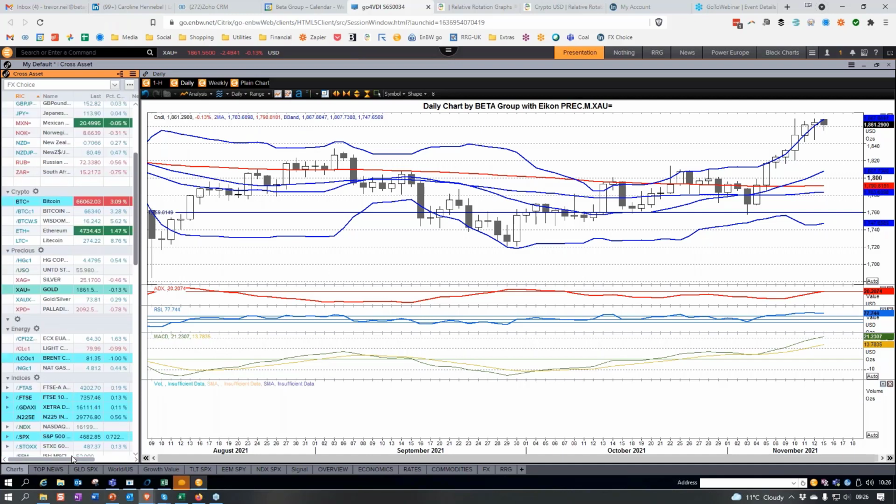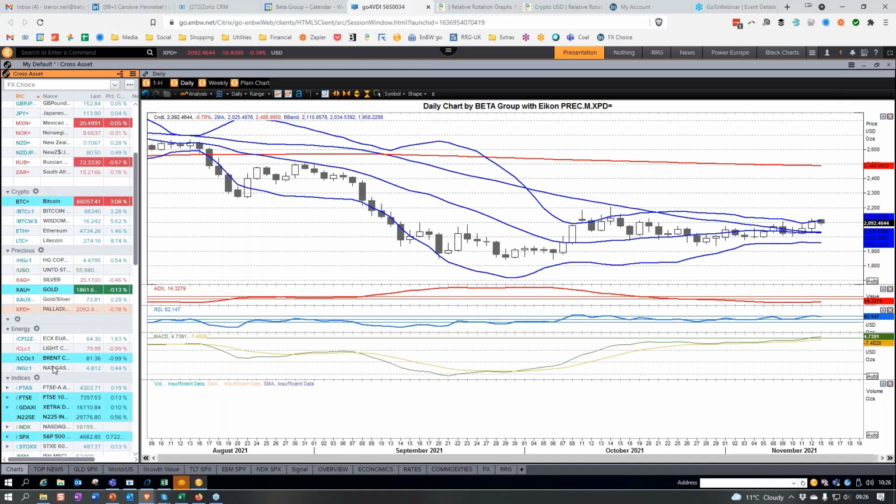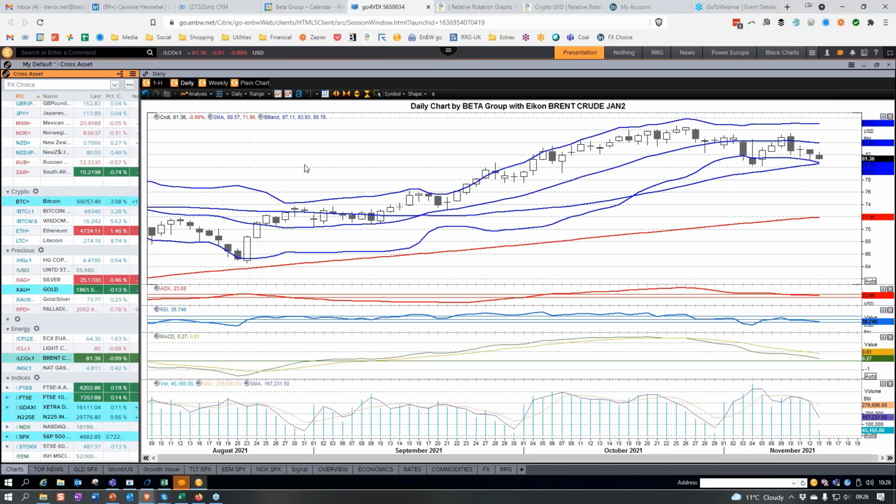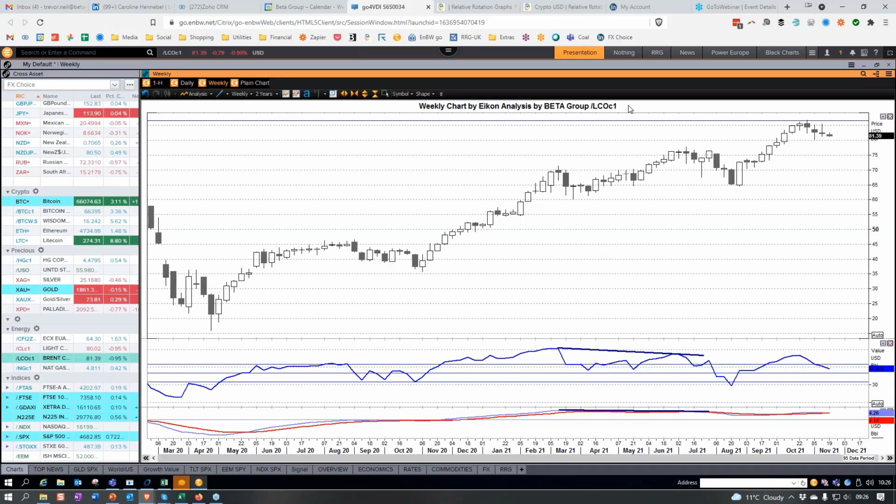Okay, now moving to crude oil. Here's a big problem for crude oil: the 2018 high. It's churning around above it. This line here is from 2018, from your lead contract of that time.